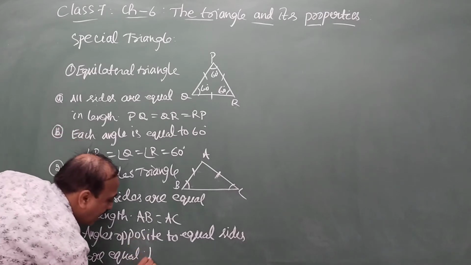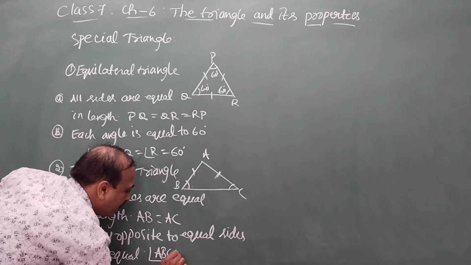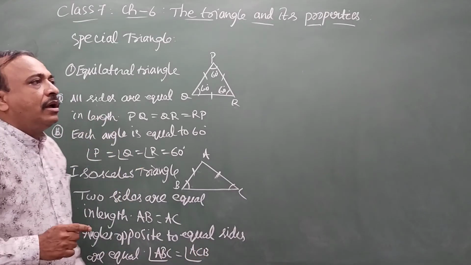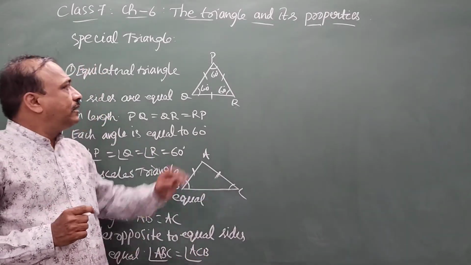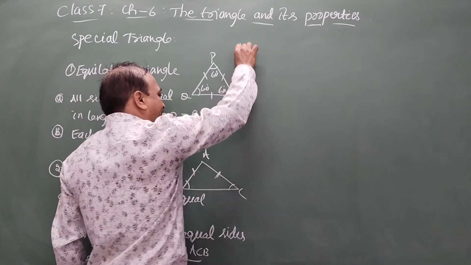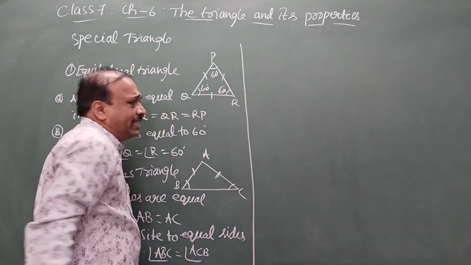That means angle ABC is equal to angle ACB. So these are the opposite sides and opposite angles. These are the special triangles.